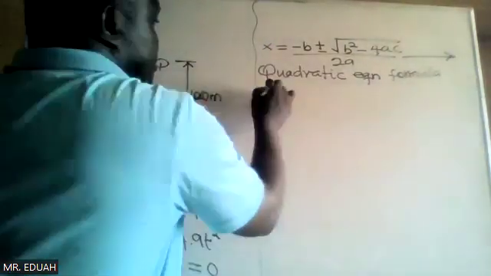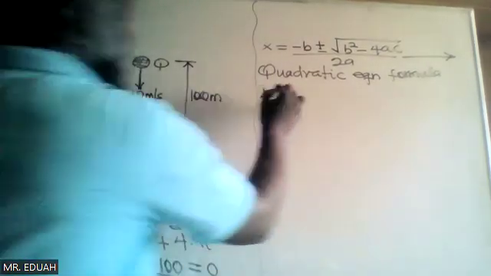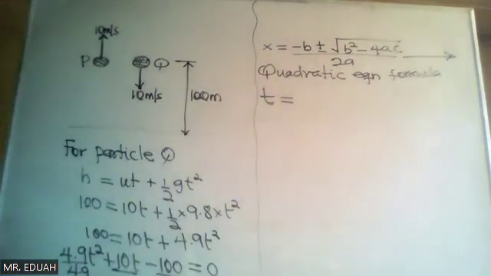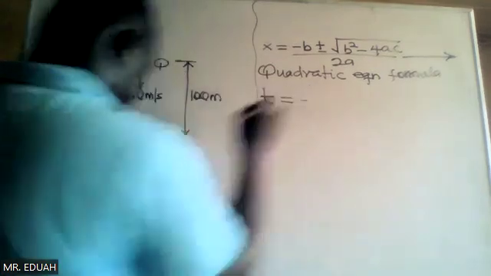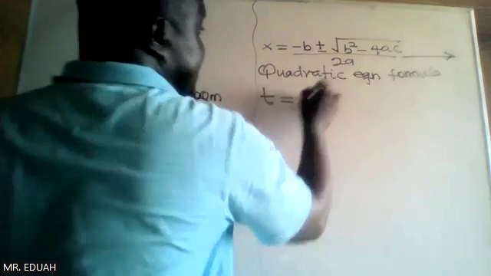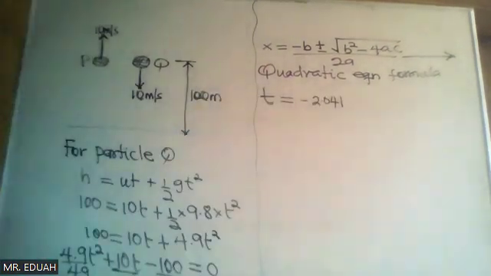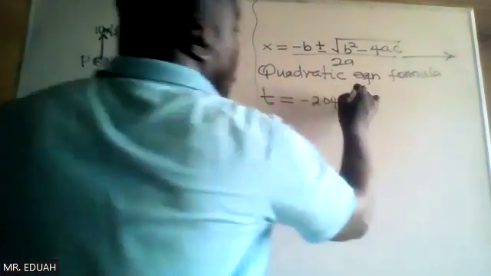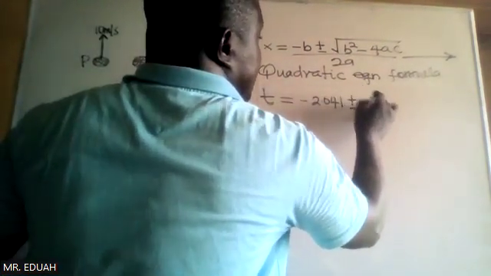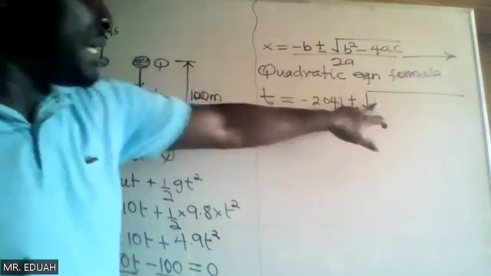My unknown is T. T is equal to, what is B? B is 2.041. So minus 2.041 plus or minus the square root of, under the root sign, we have B squared, the same B, but this time squared.